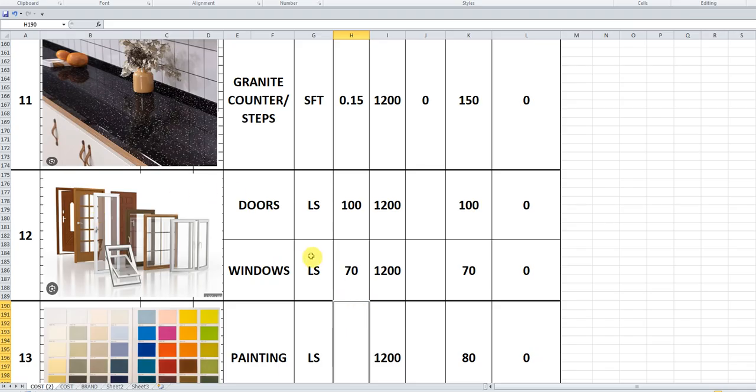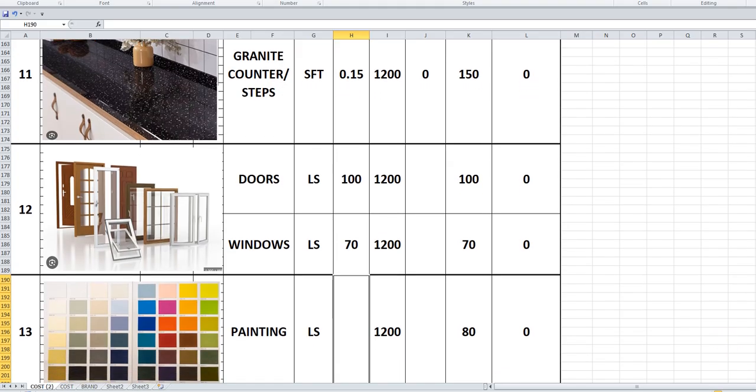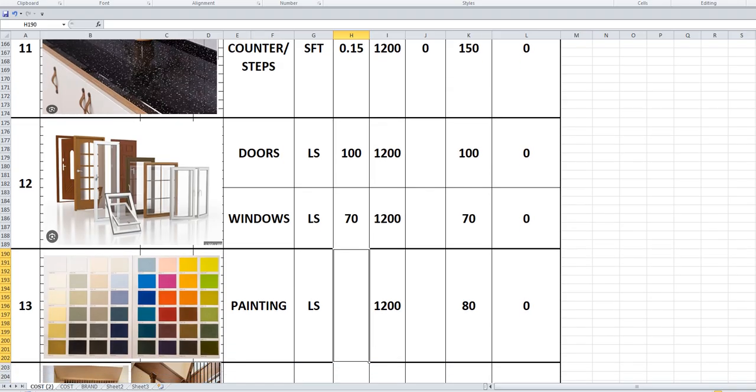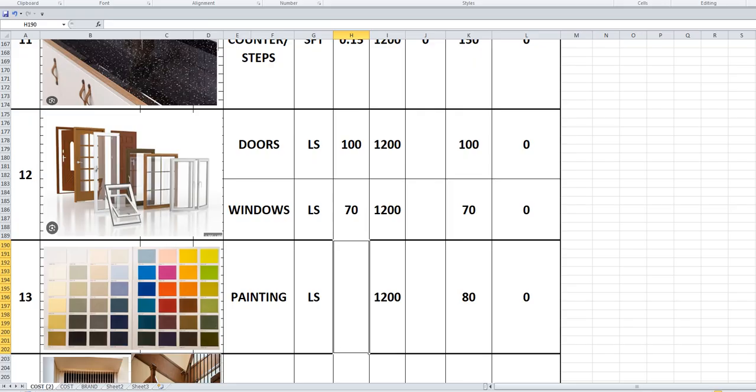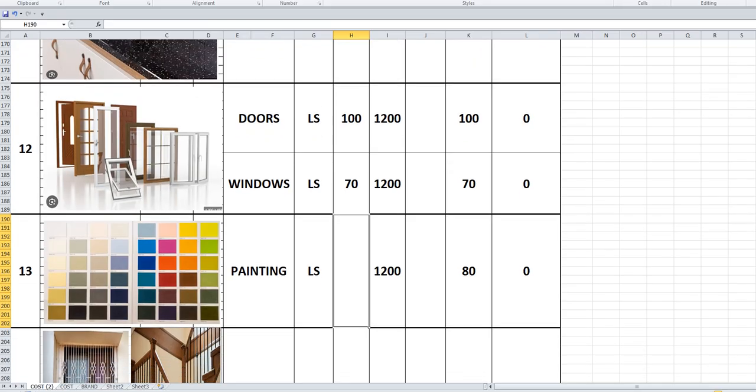Normally the openings will be around 120 square feet for a 1000 square feet building, which includes all the windows and doors exposed outside. Painting: I am taking 80 rupees per square feet.